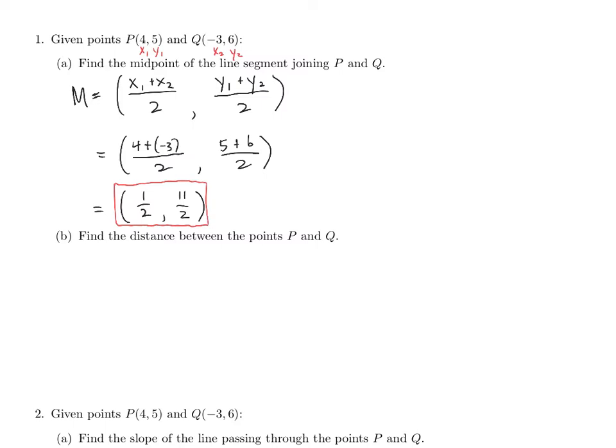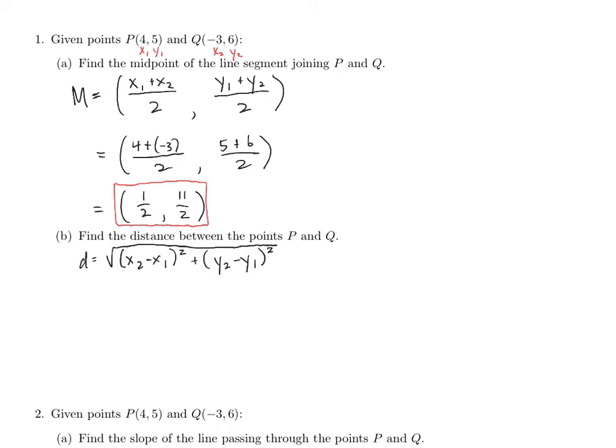All right, part B, find the distance between the points P and Q. So the distance formula, you need to have this memorized as well, is the difference between the x's, so x sub 2 minus x sub 1 squared, plus the difference between the y's, so y sub 2 minus y sub 1 squared.